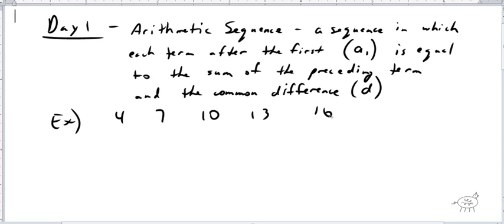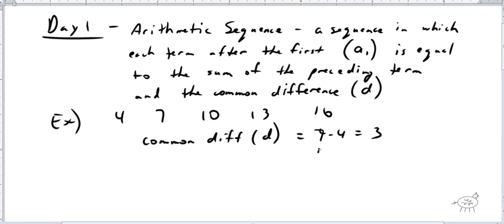So our common difference, which again is D, is equal to, in order to find that out, you take the term and you subtract the preceding term. So it's basically 7 minus 4, which is 3. Or you can check a couple of them, so 10 minus 7, 3, etc. So that is your common difference D.